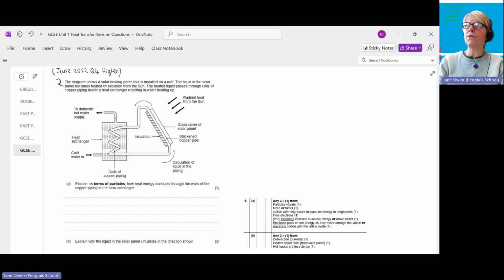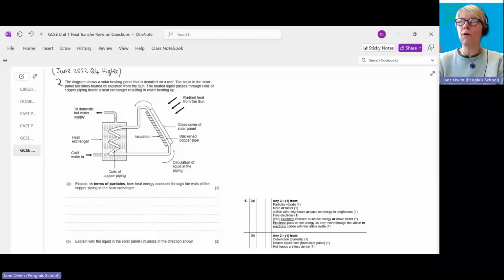It seems to be a concept of conduction, convection, and radiation. They're difficult enough to get, as well as being able to apply them in different situations. And they really want you to be able to apply the knowledge that you've acquired to the specific question in front of you, and not just rote learn these things.